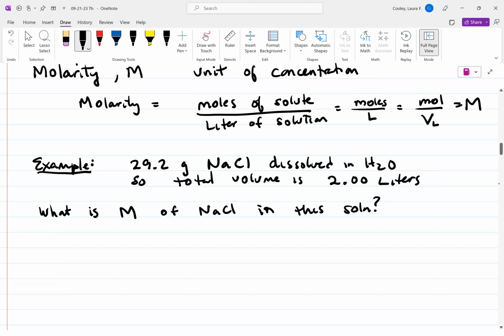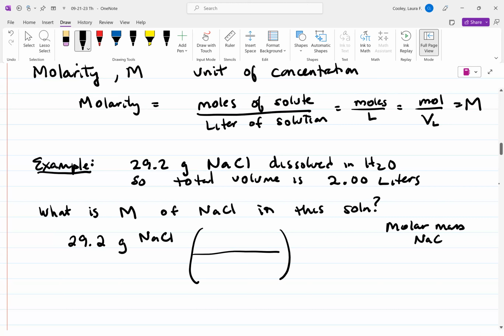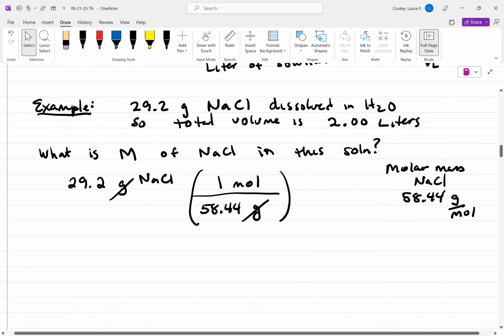So the first thing you have to do is get the moles, right? Because molarity is moles per liter. So we'll have to take this 29.2 grams of NaCl and use the molar mass of sodium chloride, which I'll give you, 58.44 grams per mole. I'll put that 58.44 grams on the bottom in order to be able to cancel my grams, okay?